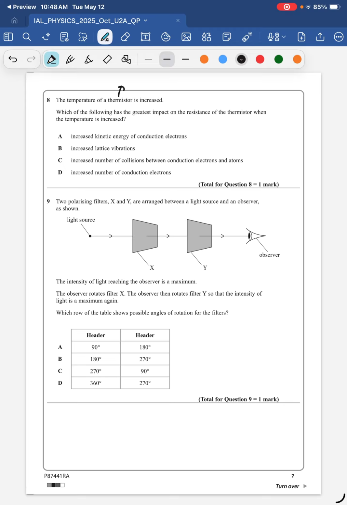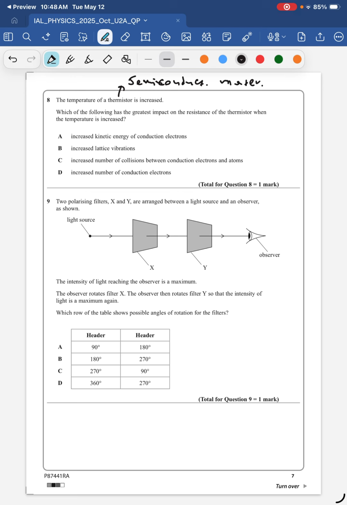Maybe I have to write this down. Semiconducting materials. These materials have the property that when you heat them up, you get electrons in the conduction band of these materials. So the resistance drops, whereas lattice vibrations are more relevant to metals.